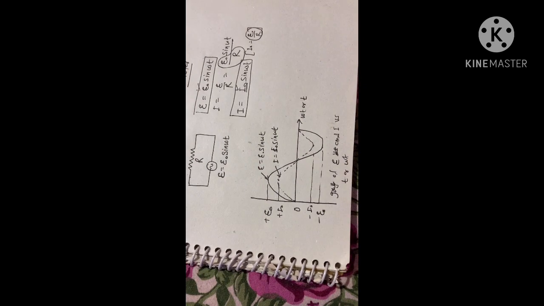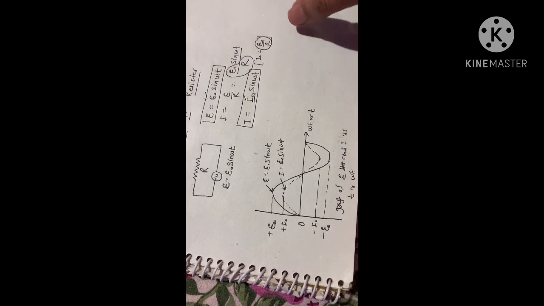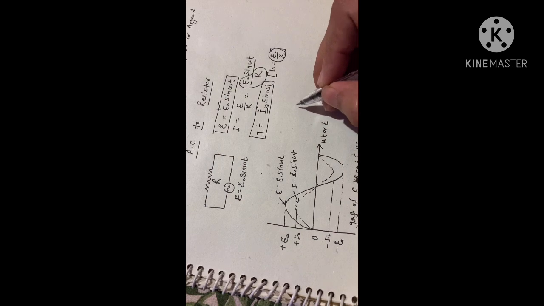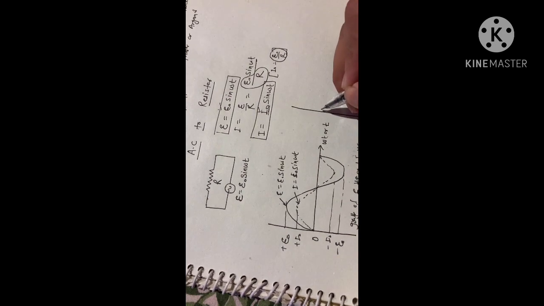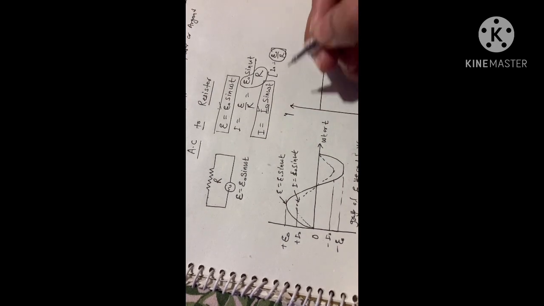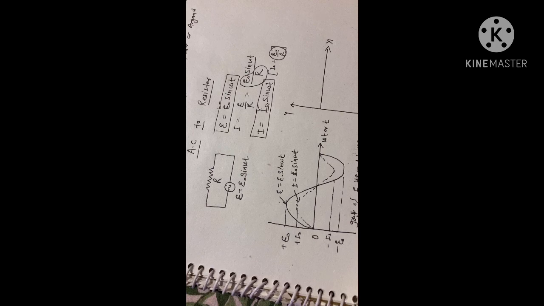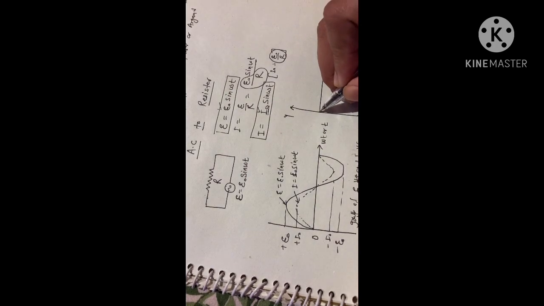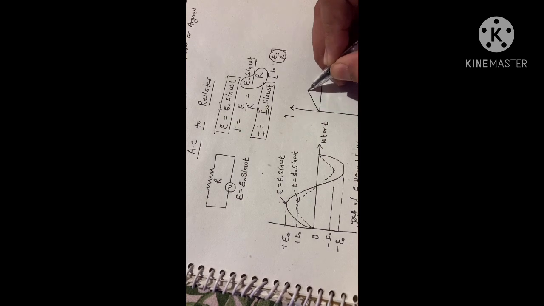Now the important part is how to draw the phasor diagram. It is a very simple phasor diagram. Let's draw the y-axis and x-axis first. Suppose this is your y-axis, this is your x-axis, and write x here and y there. First draw for EMF. EMF is greater in magnitude compared to current.